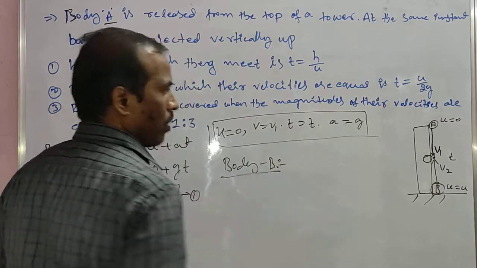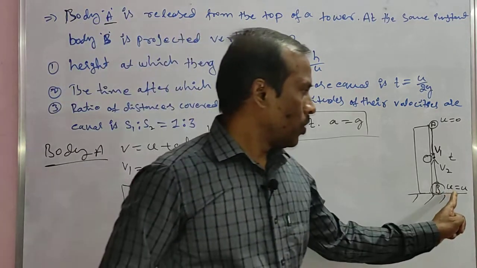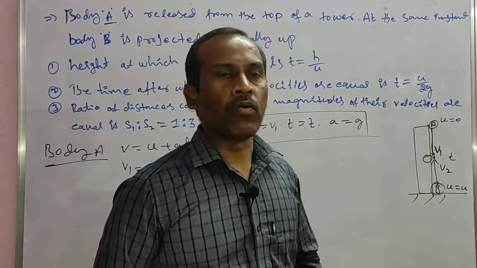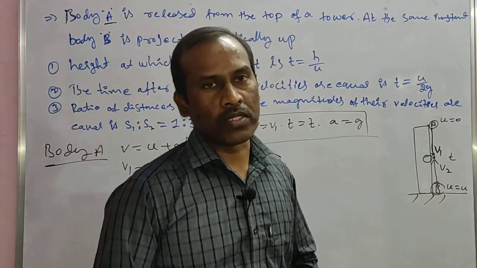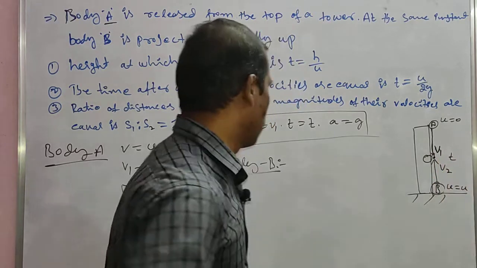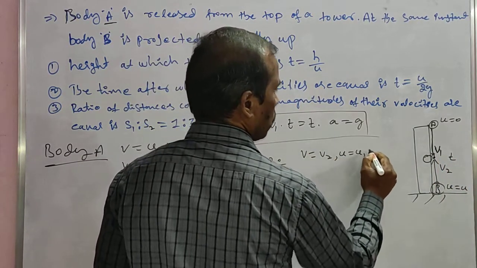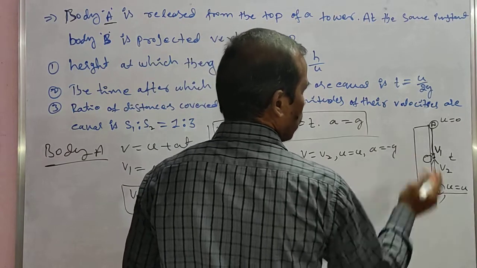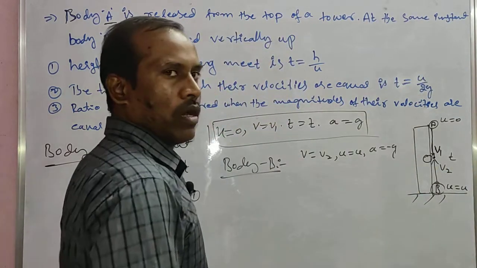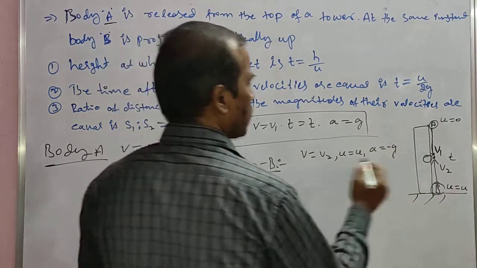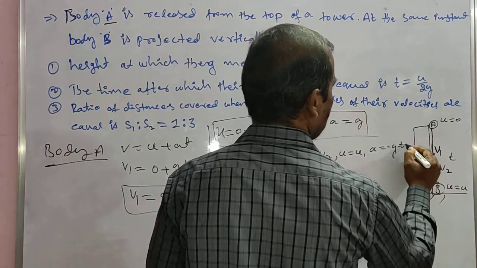The initial velocity of the body is u, and the final velocity on reaching point O at time t is v2. Here v is equal to v2, u is equal to u, and the body is moving in the upward direction, so a is equal to minus g, and t is equal to t.